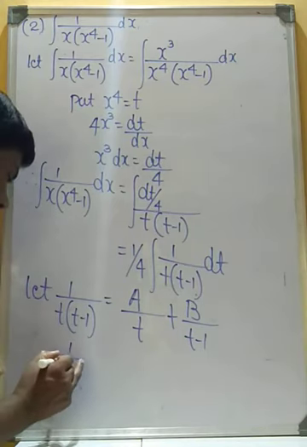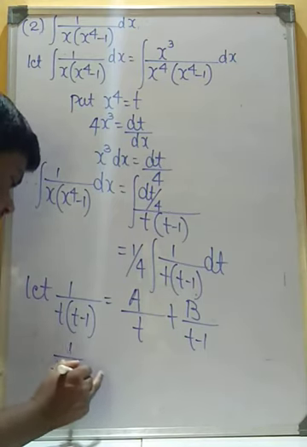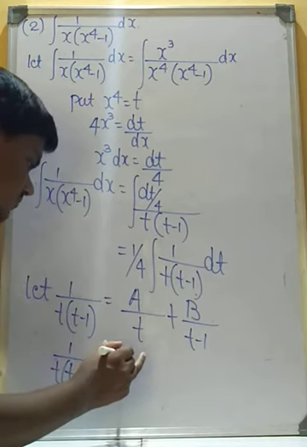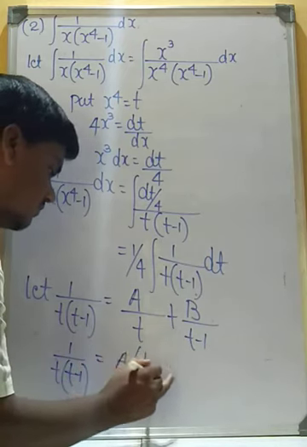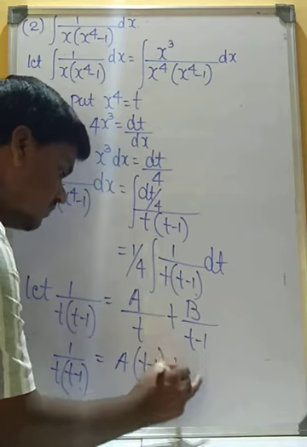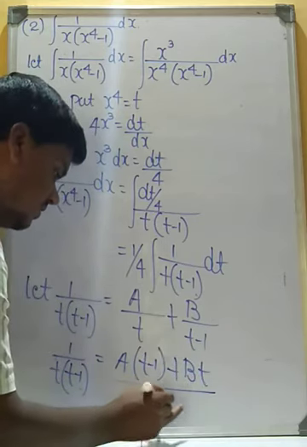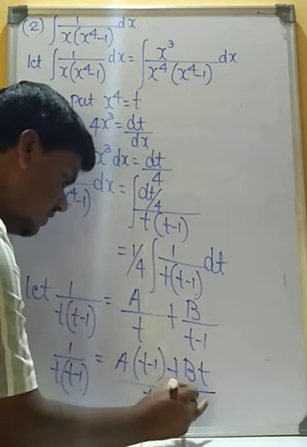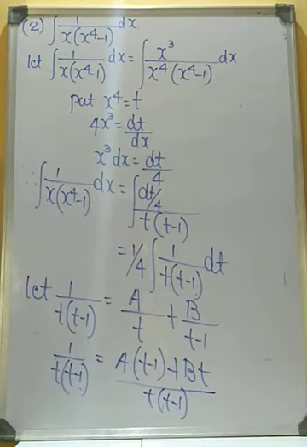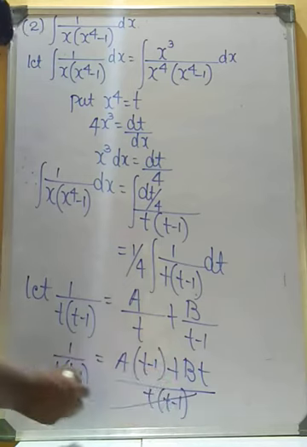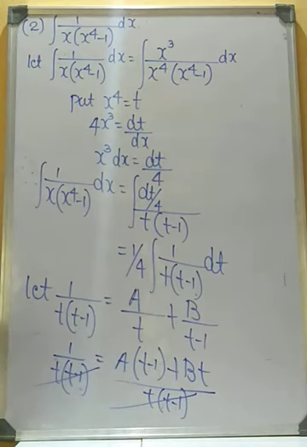Therefore 1 divided by t into t minus 1 is equal to A into t minus 1 plus B into t divided by t into t minus 1. Both sides have the denominator t into t minus 1, which cancels.